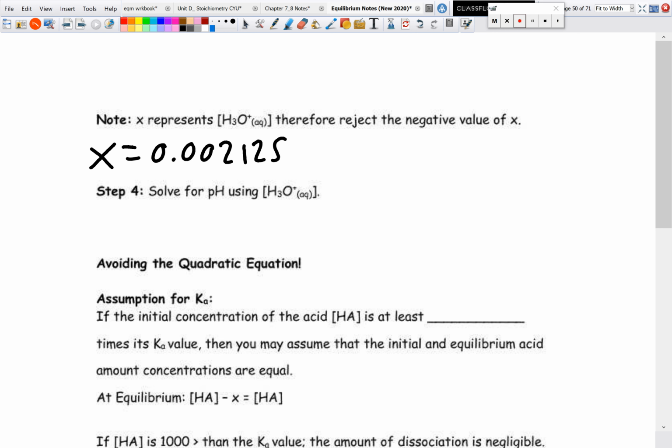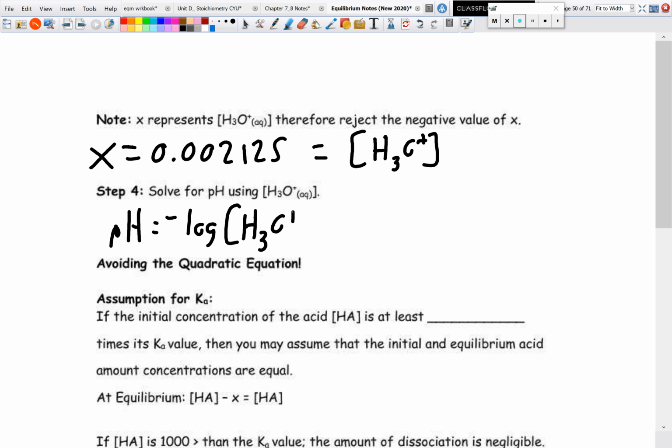As we know, that's also equal to the concentration of hydronium. From there, you go pH, concentration of hydronium, that was the whole point of solving for that, and we get 2.68.